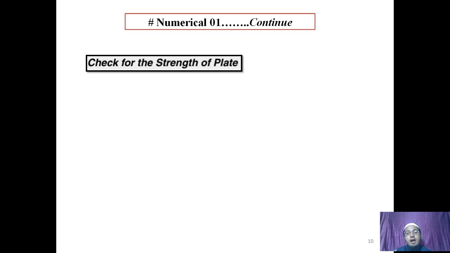Now, although the design has been completed, we have to again check this member for the plate strength. Bolts are strong as we have designed. What about the plate? We have to check the strength of the plate in tension. That is, we know Tdn equals 0.9 times An into Fu divided by gamma m1.